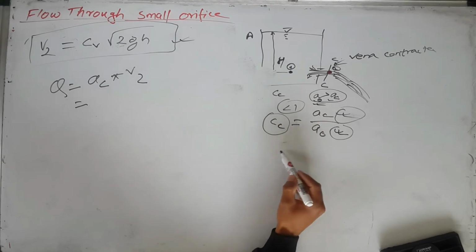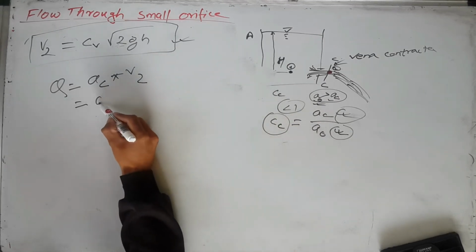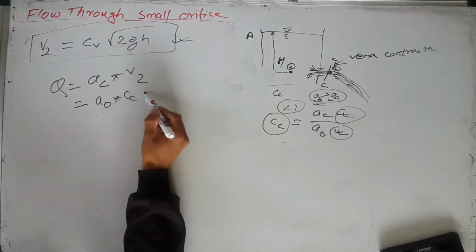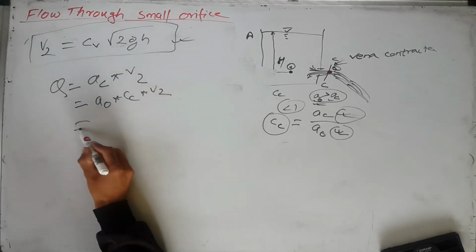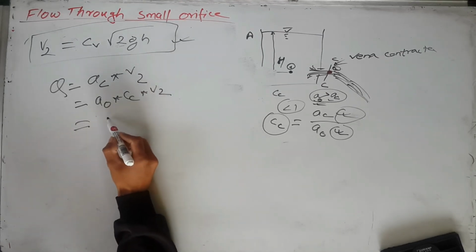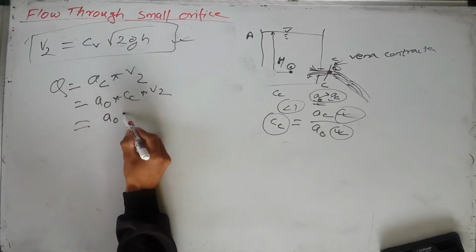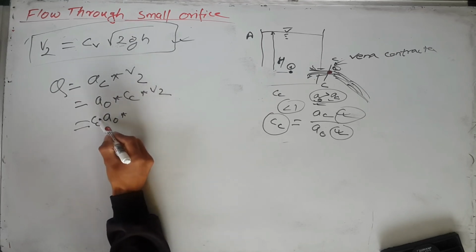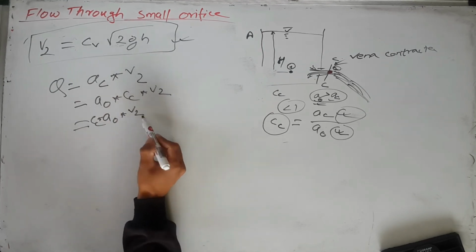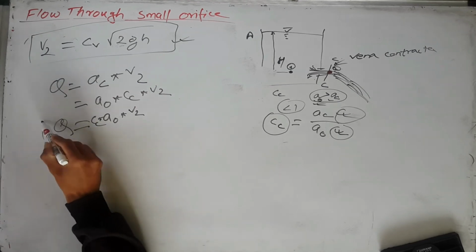So we can place AC equal to A0 into CC, into V2. This A0 is the area of orifice into CC into V2. This is the rate of flow through the small orifice.